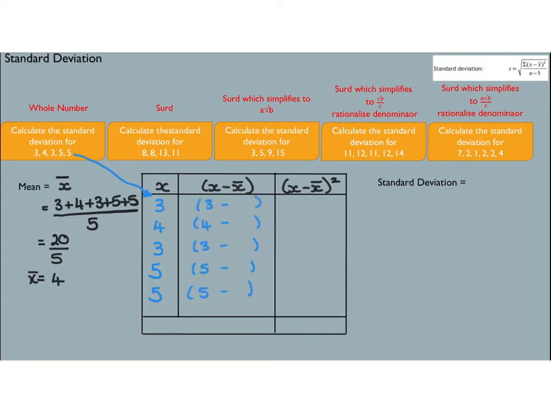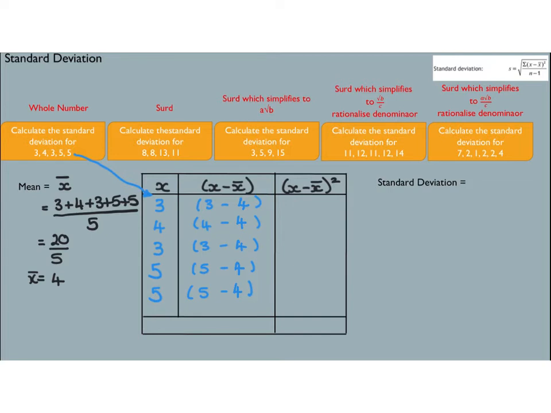I started to work out the numbers that need to go into the middle here. So I've written each of my x's in, and I'm going to take away the x bar. Remember, that is the number 4. It's the mean. Okay, so just finish that off with a takeaway 4 there.